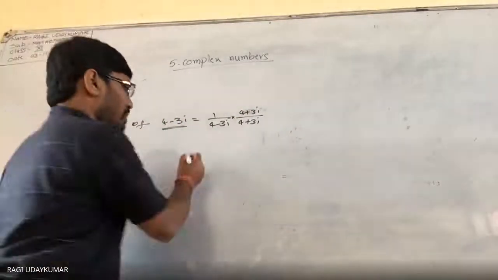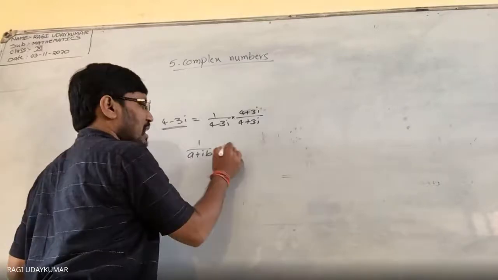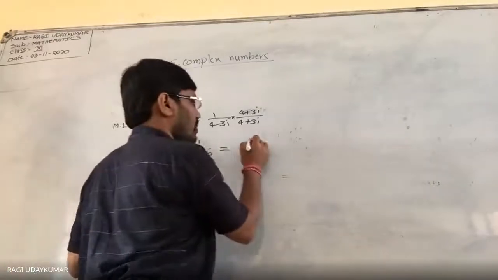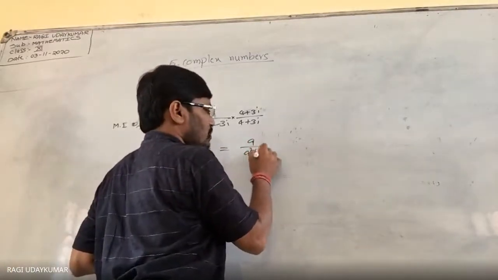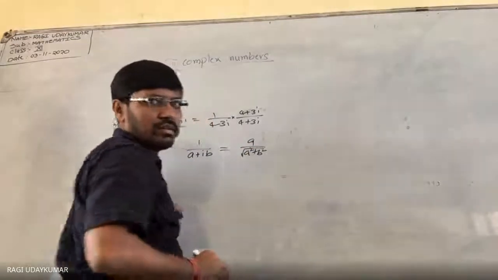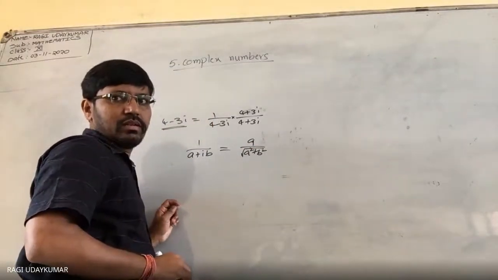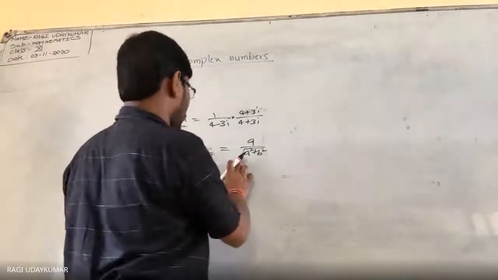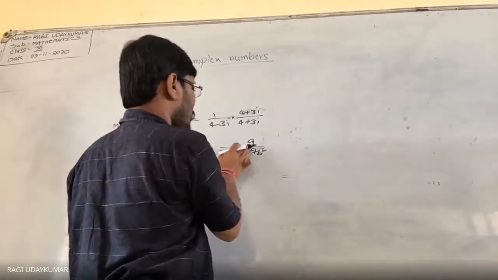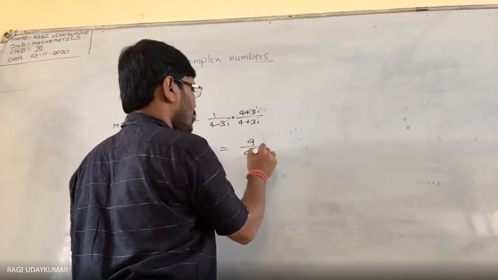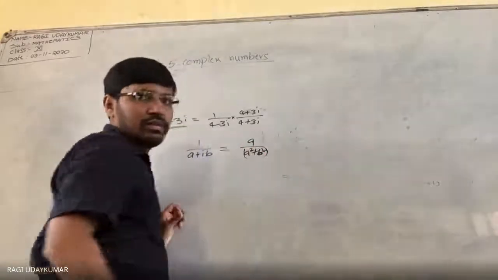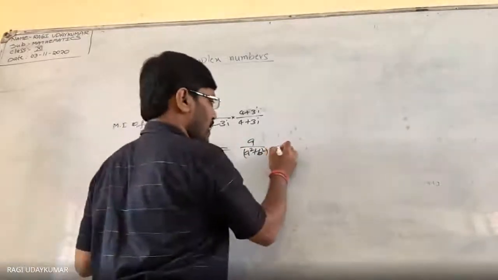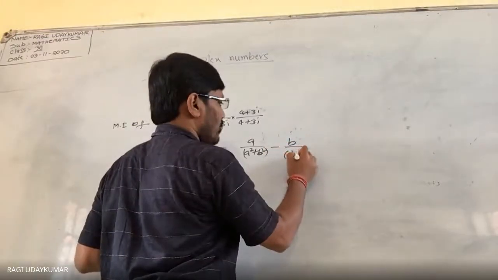What is the multiplicative inverse of a plus ib? 1 by a plus ib is a by a square plus b square, minus ib by a square plus b square. There is no under root.